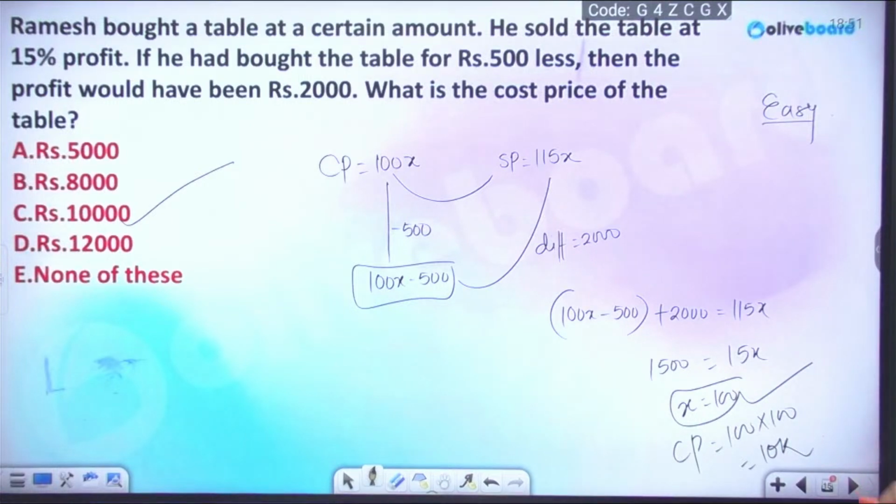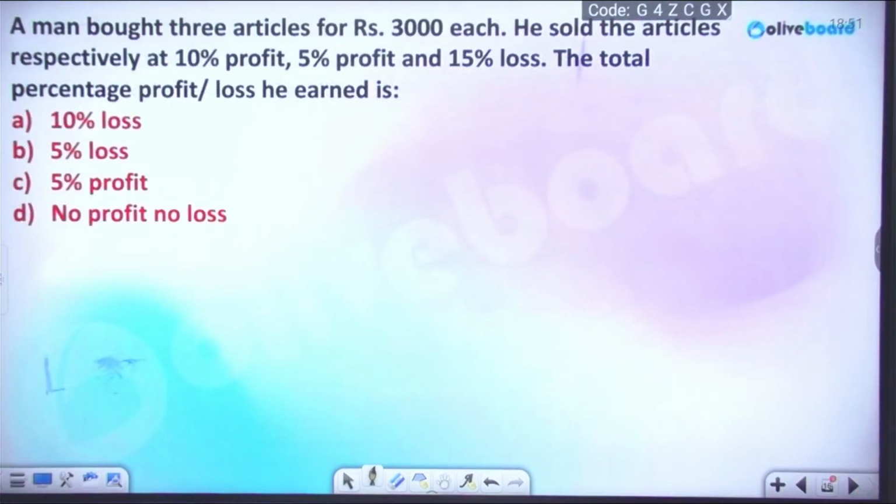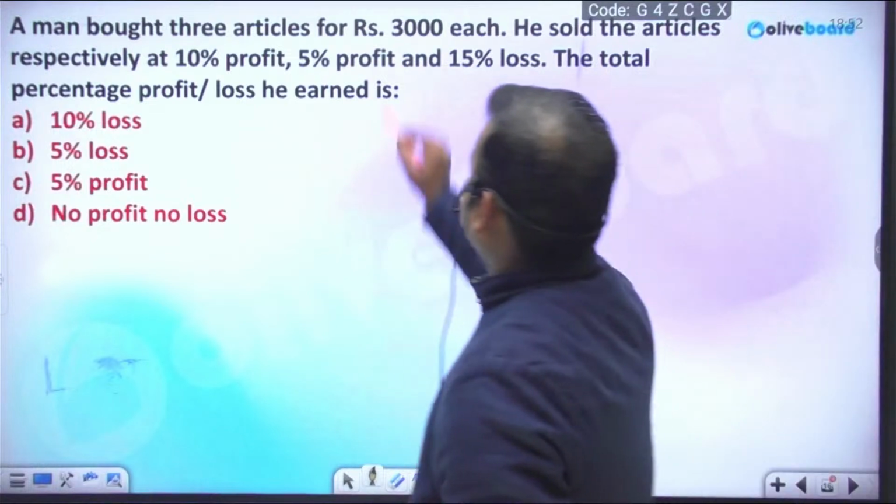It was easy, right? A man bought 3 articles for rupees 3,000 each.